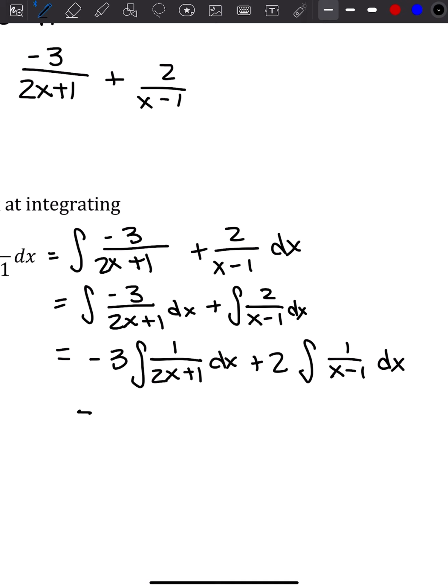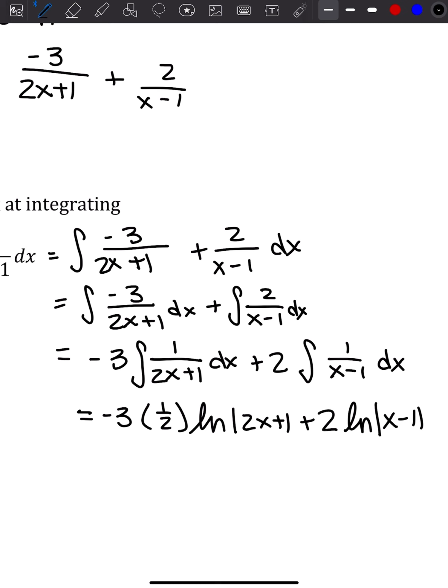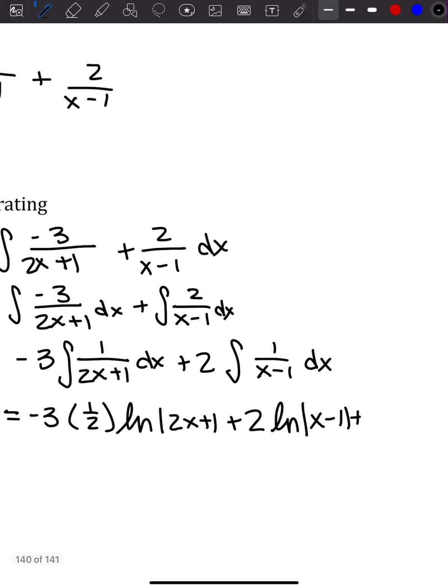So our integral of this would be -3 times 1/2 the natural log of the absolute value of 2x plus 1. And then we are going to add it to 2 times the integral of 1 over x minus 1, which would also be a natural log. I would make u x minus 1, the derivative of that is 1, and we have that. So we have the natural log of the absolute value of x minus 1.